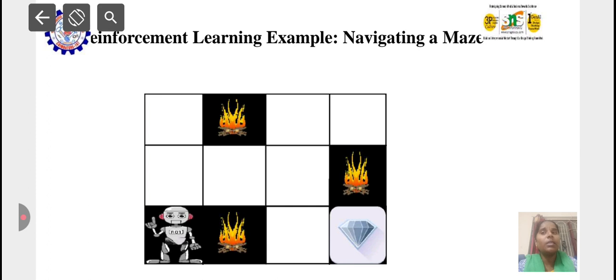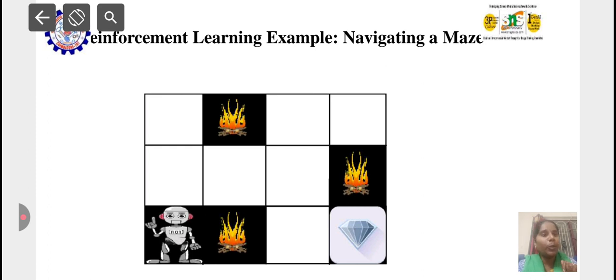Then the adjusting behavior is based on the feedback the robot receives. Here the robot adjusts its behavior to maximize the cumulative rewards, favoring the path that avoids the hazards and brings it closer to the diamond.